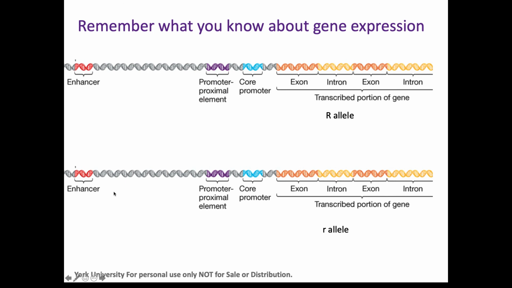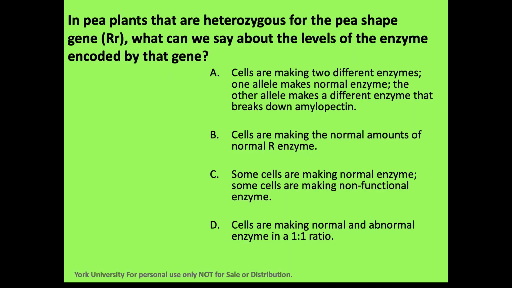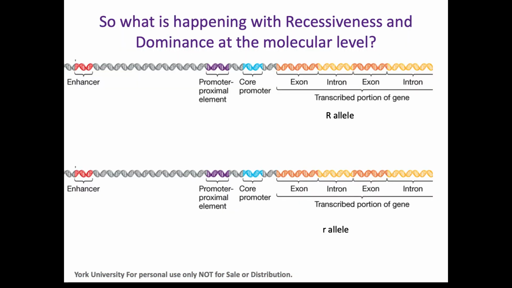Does this make sense? Now try and answer this question. Again, pause the video. So think about this. You've got both alleles. They have the same regulatory region. They should both be turned on inside those cells. So what do you expect to see in terms of gene products?